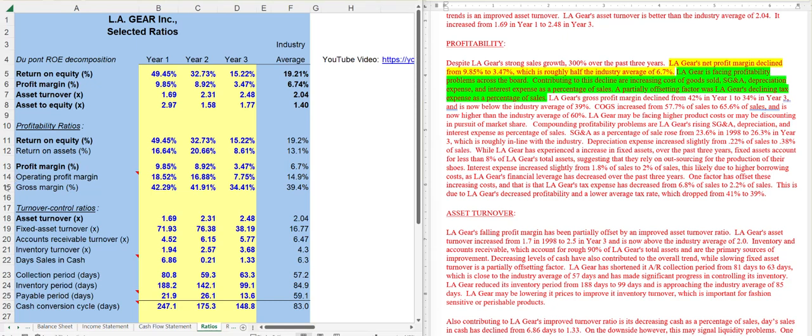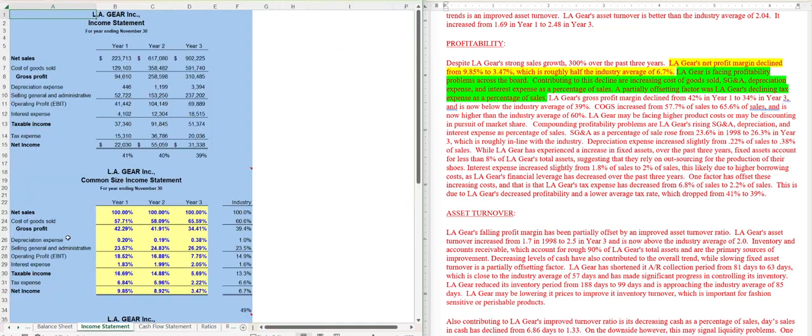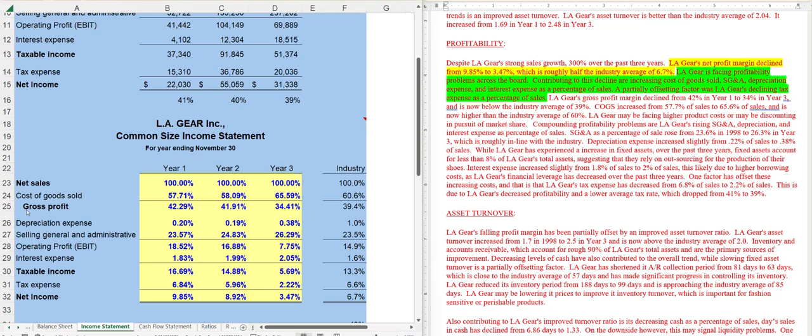So you can either tell me that our gross profit margin went from 42% to 34%, or again, you can talk about cost of goods sold increasing from 57 cents for every dollar up to 65. They're one and the same thing. You don't need to tell me about both. I've told you about both here, but really both aren't required.